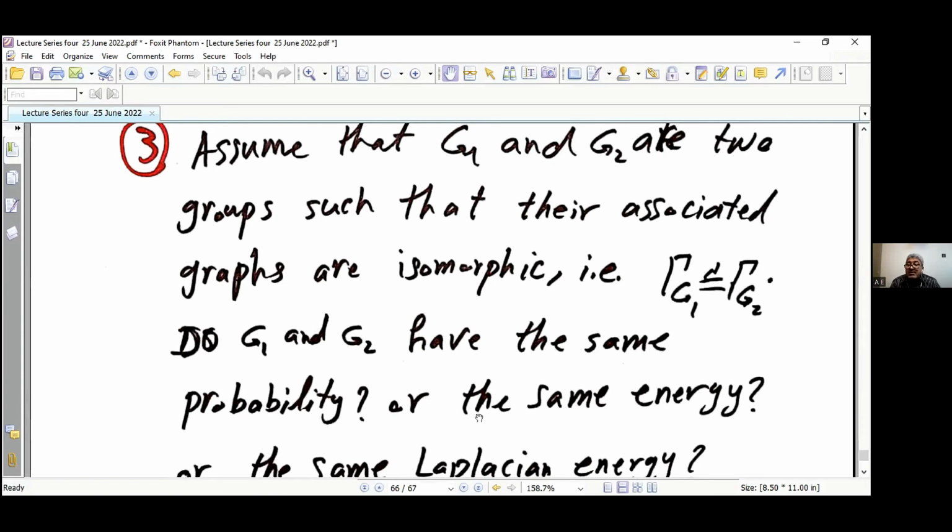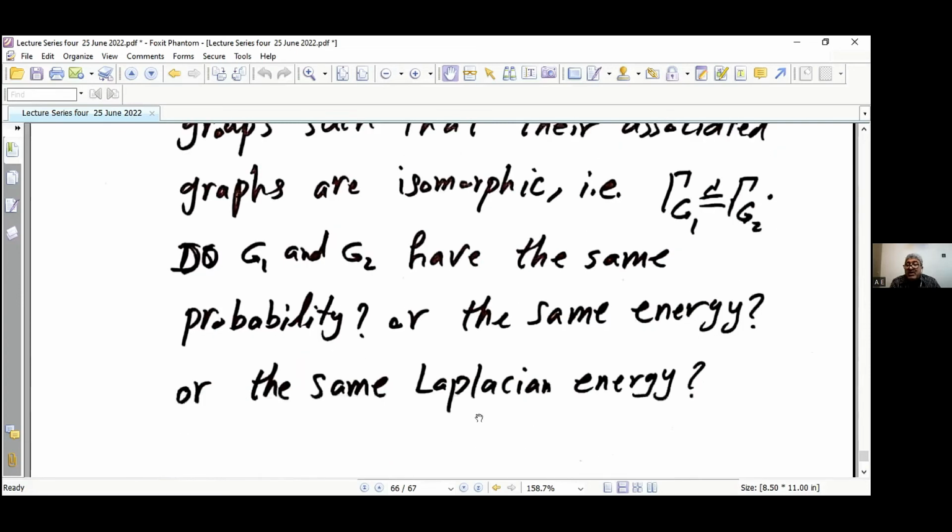Or how about the energy? Do they have the same energy if these two graphs are isomorphic? The energy means energy for adjacency, or maybe some other kinds of energy like Laplacian energy and so on.